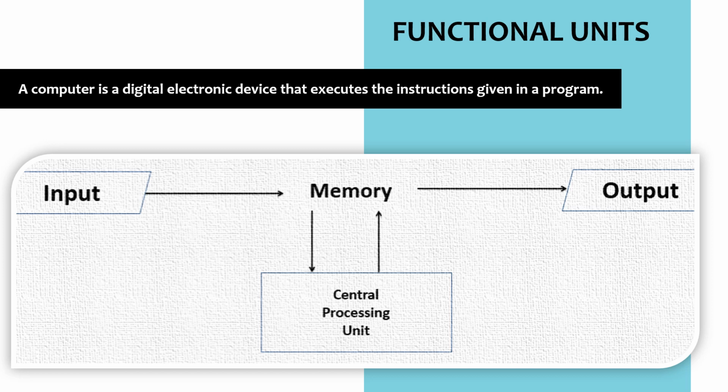The internal architecture of a computer may differ from system to system. Suppose I have a laptop, you have a laptop, but the configuration may differ. Here we are not talking about a specific model, we are talking about two different devices, so it may have a different architecture, right?